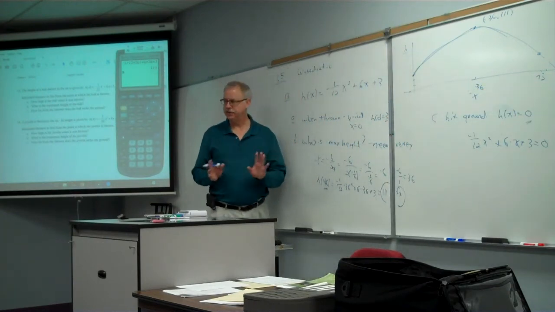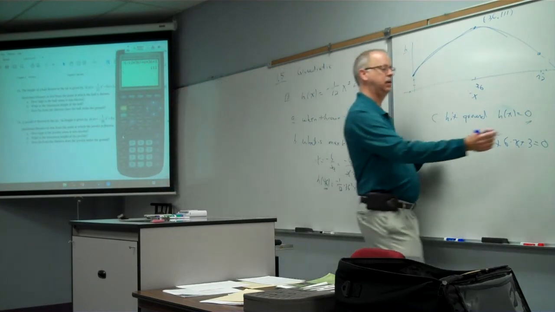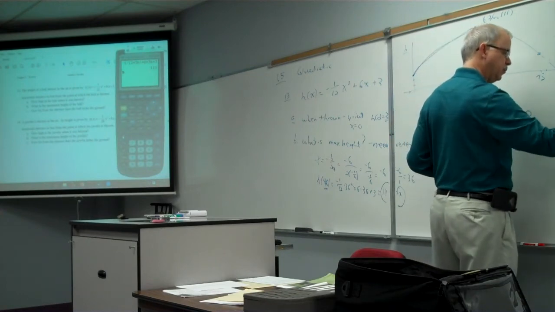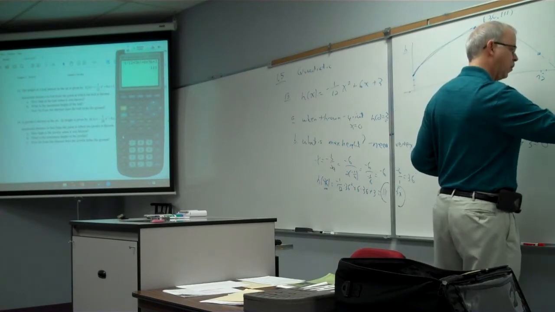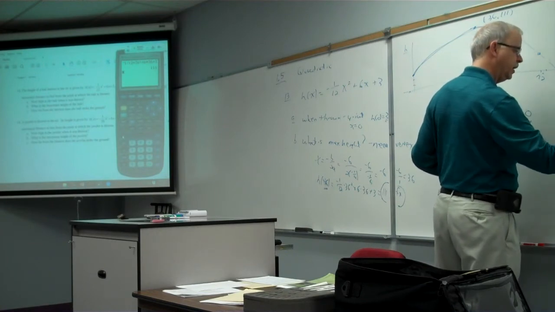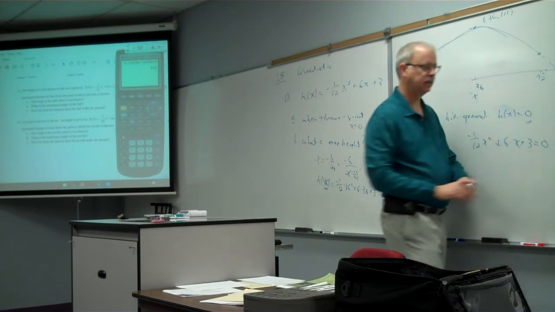I don't think I'm going to get easy answers from this anyway. So let's just go straight to the quadratic formula. x is negative b plus or minus the square root of b squared minus 4ac all over 2a. So negative 6 plus or minus.